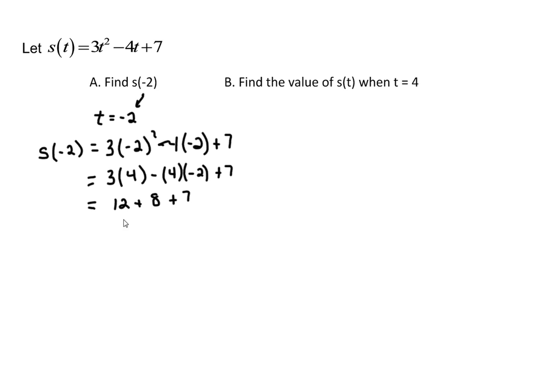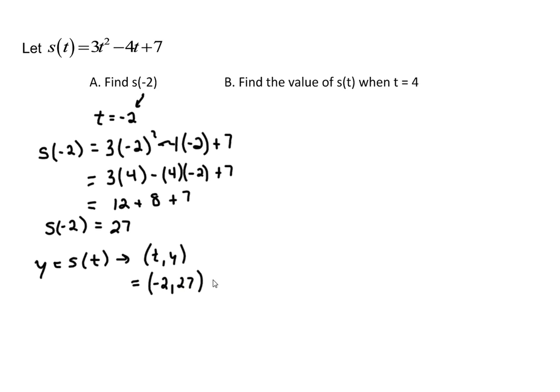Let's add left to right. 12 plus 8 is 20, plus 7, that's 27. So s of negative 2 equals 27. If we said y was equal to s of t, we would come up with the ordered pair t, y: negative 2, 27.